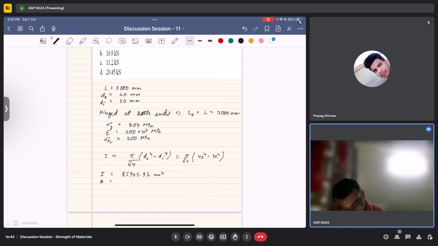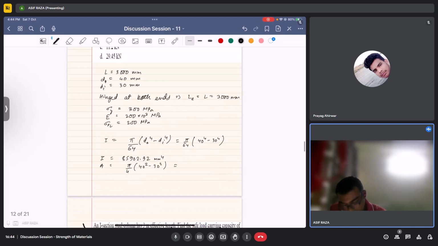Area is pi d square by 4. So 40 square minus 30 square into pi by 4. This will be 549.7778 millimeter square.